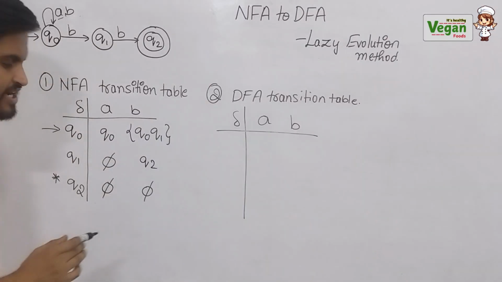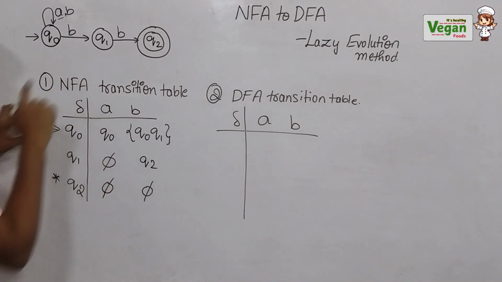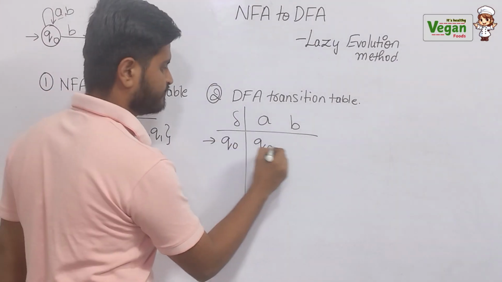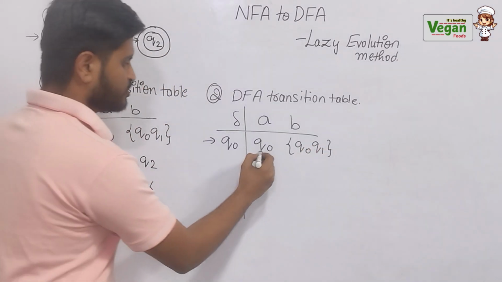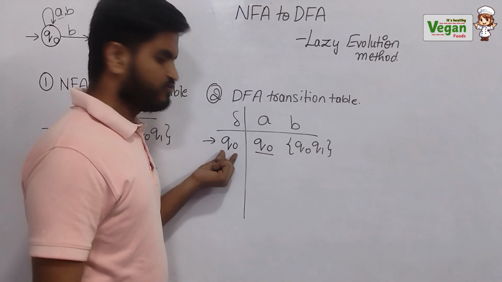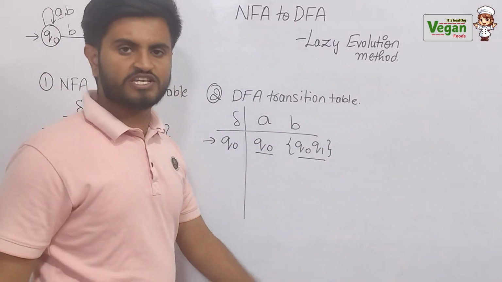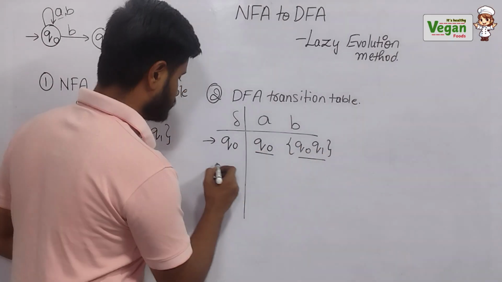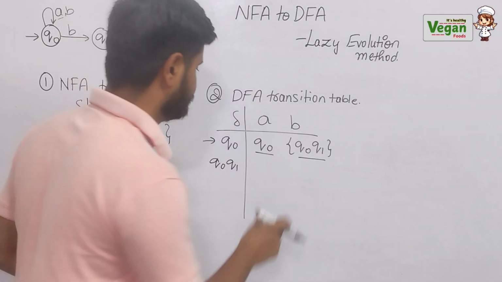What you will be doing here is just copy the first row from the NFA transition table into the DFA transition table also. Now if you see, Q0 is one state for which you have written the transitions. But Q0, Q1 is a new state for which you have not written the transition. So you will be writing the transition for the new state, that is Q0 and Q1.